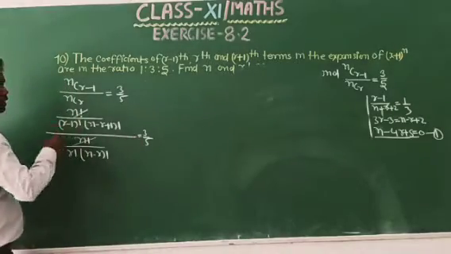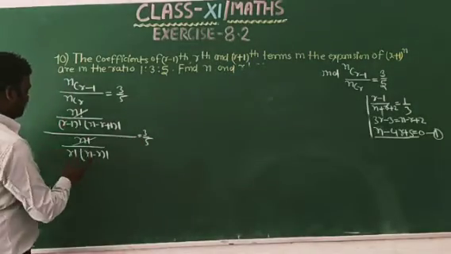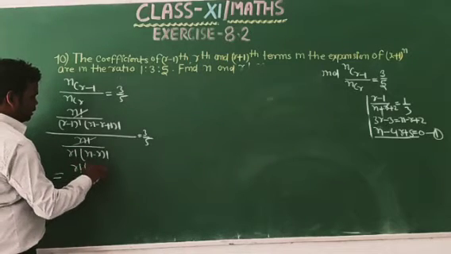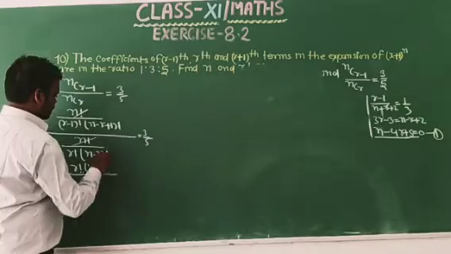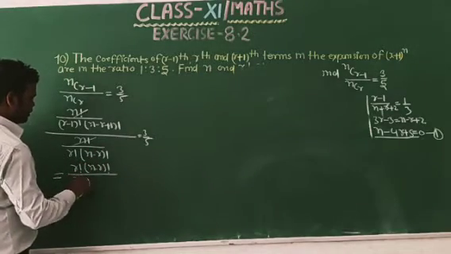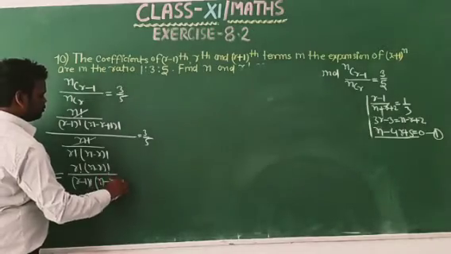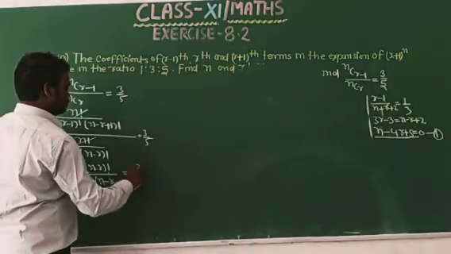So factorial n cancels out, and this is factorial r, (n minus r) factorial upon (r minus 1) factorial, (n minus r plus 1) factorial, which is equal to 3 by 5.